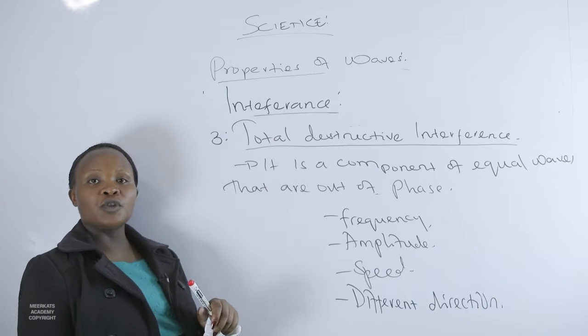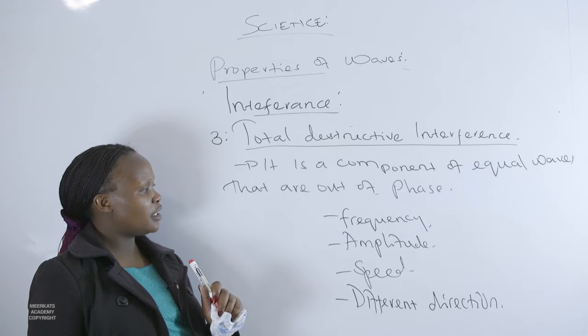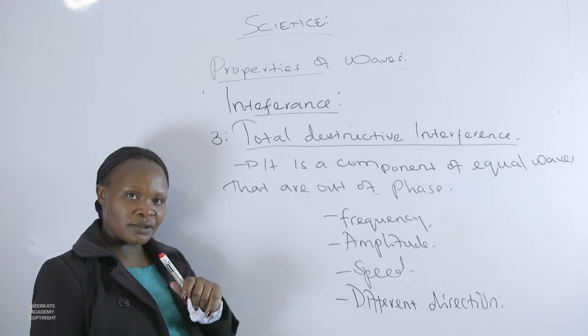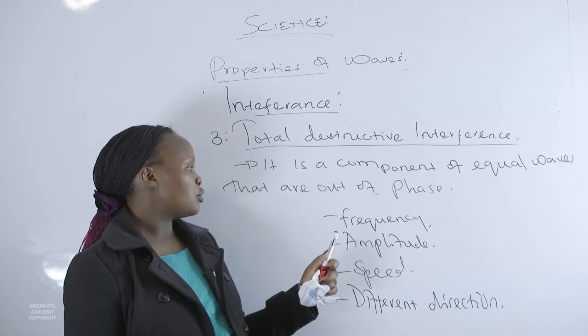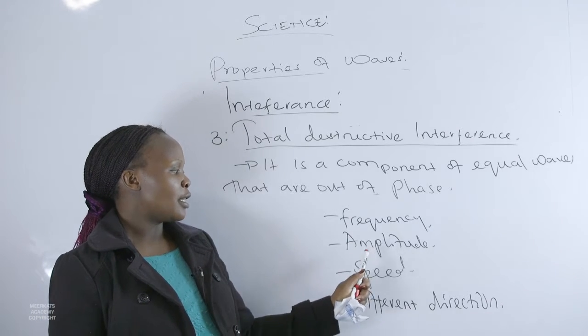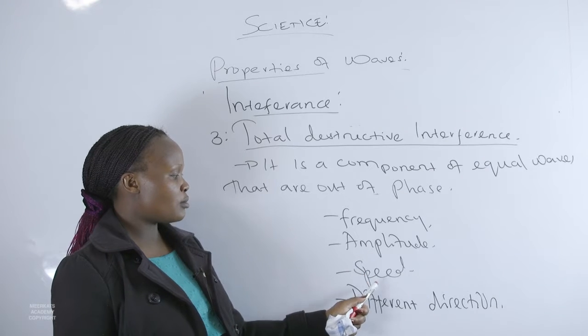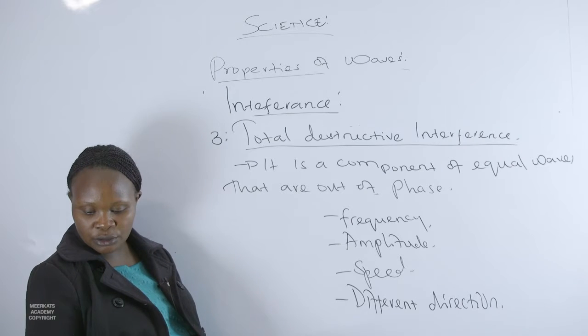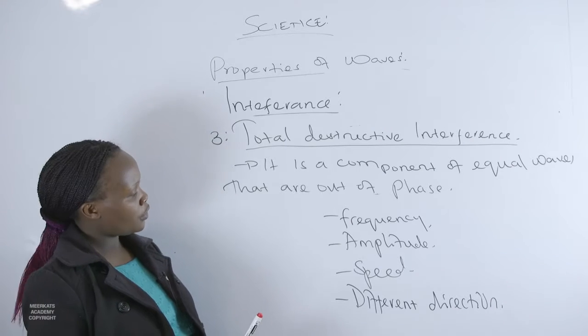Therefore, for total destructive interference to take place, you expect that the waves that are involved should have the same frequency, the same amplitude, the same speed, but they should only differ in their direction of travel.